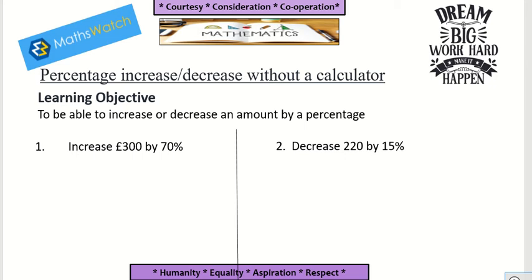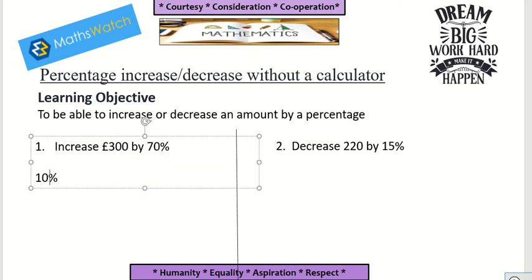So let's look at the first question, guys. The first question says increase £300 by 70%. Now the first thing I'll have to do is find 70% of 300. So from yesterday's lesson, guys, we can find 70% by finding 10% first. So 10% just divide by 10.